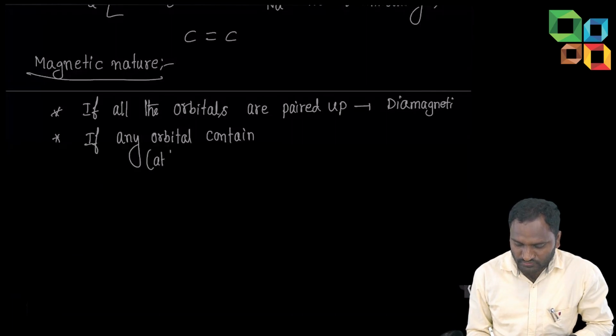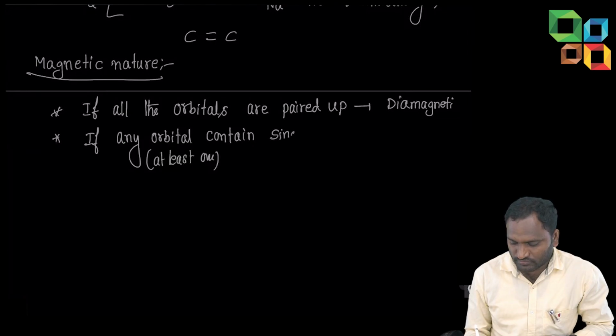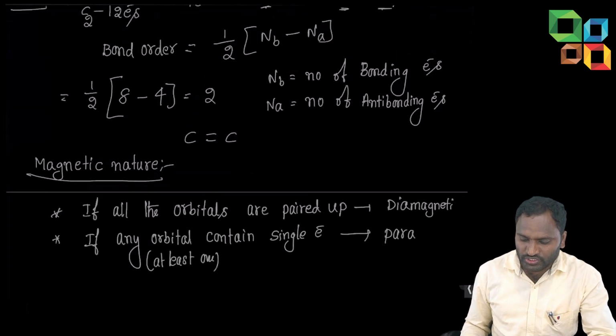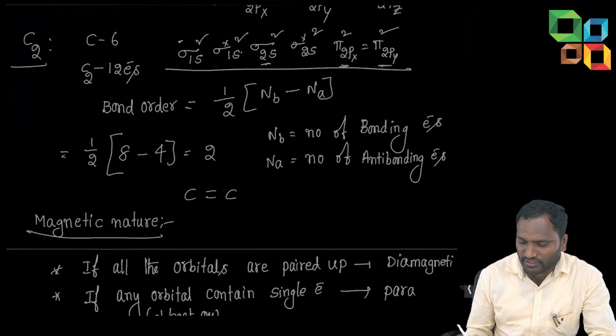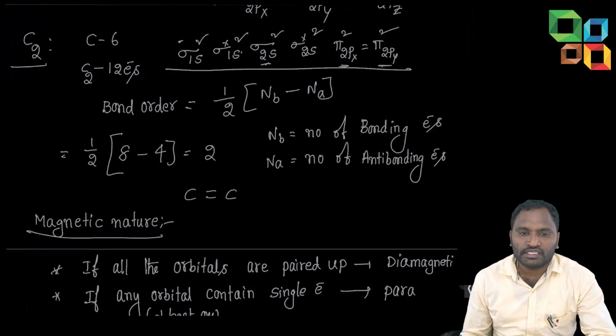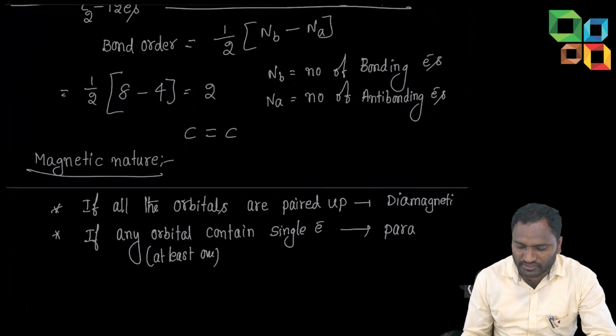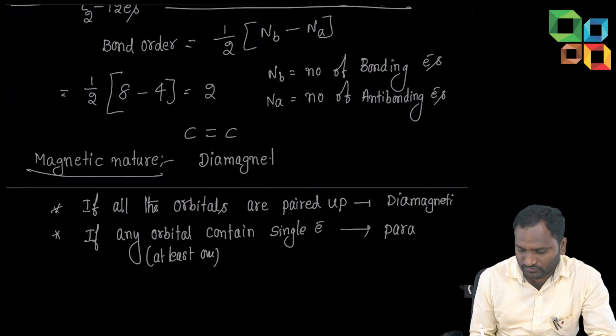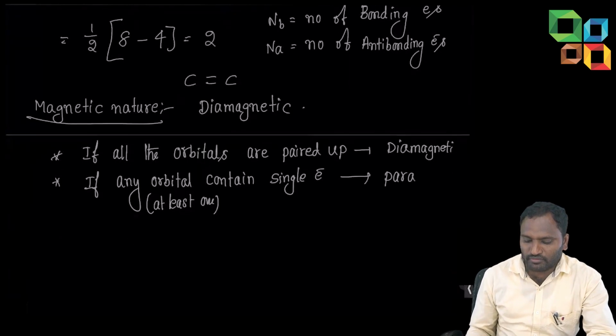Paramagnetic: at least one, or it can be more also. So here, in this electronic configuration, no orbital has a single electron, so it is diamagnetic.